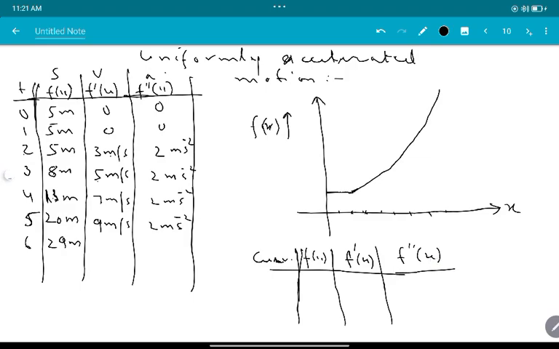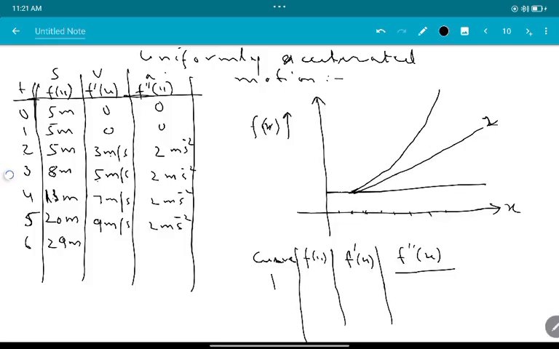Curve number 2, I mean this curve initially, this was curve number 2, which has a constant rate of change of f x. Curve number 2, this was curve number 1.